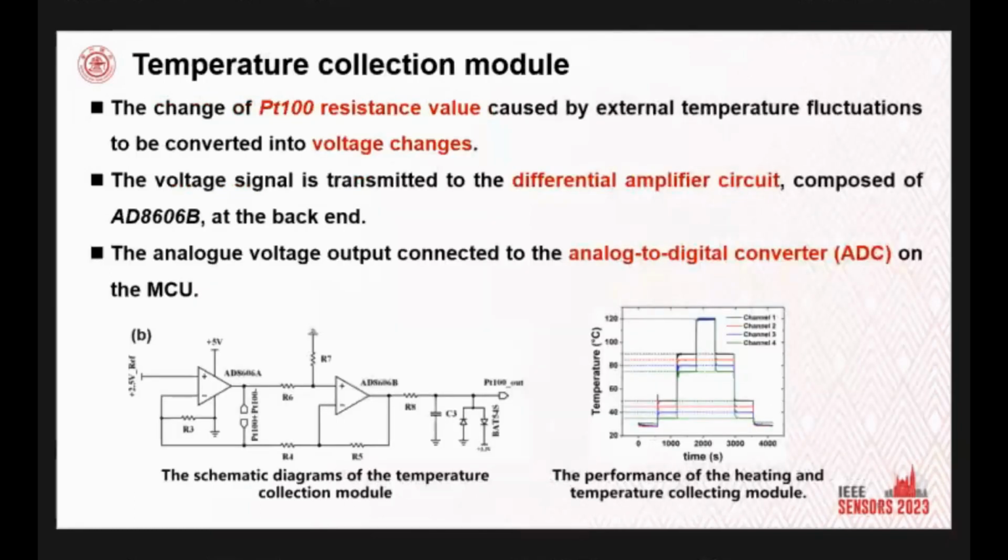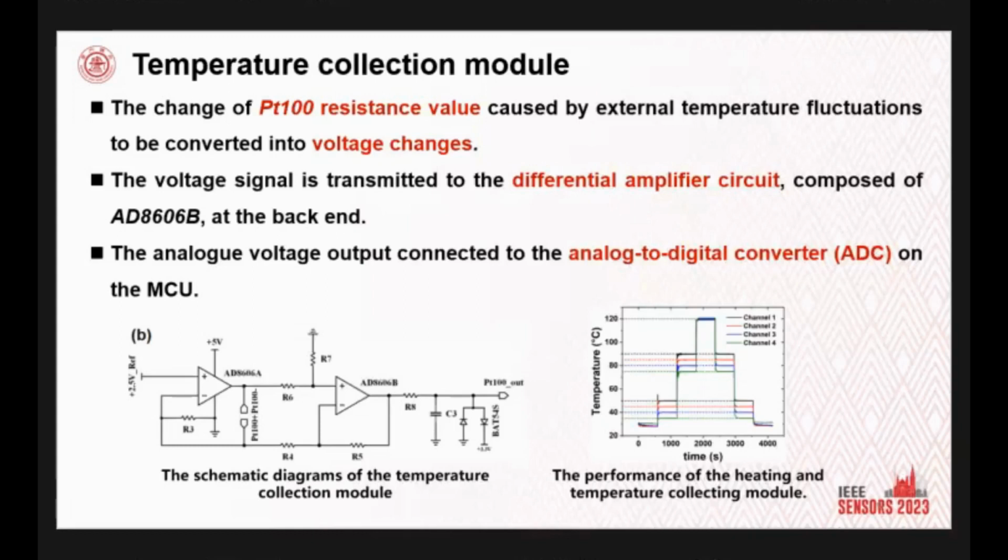In the temperature collection module, the thermistor PT100 is employed to detect the temperature change of the material. A constant current source is implemented in the circuit, and the resistance change can be converted to the voltage change. Then the analog voltage signal is transmitted to the differential amplifier circuit and connected to the ADC of the MCU.